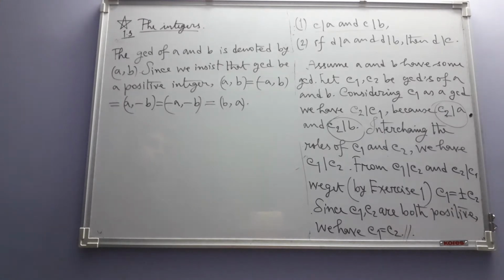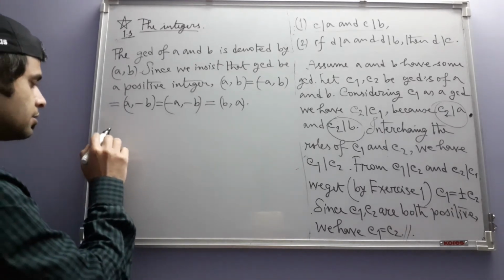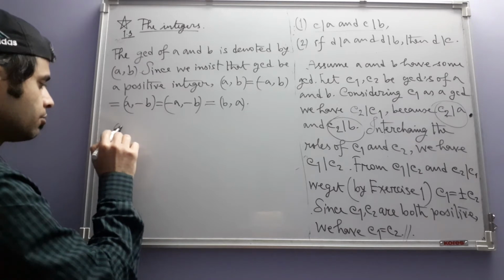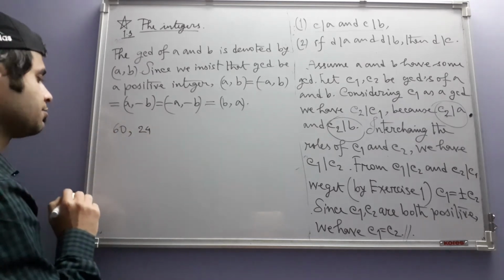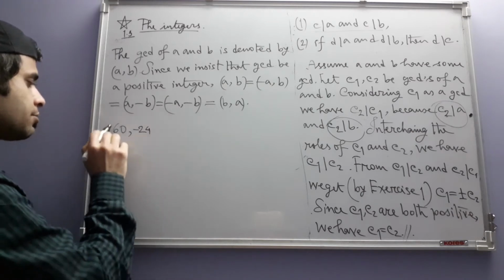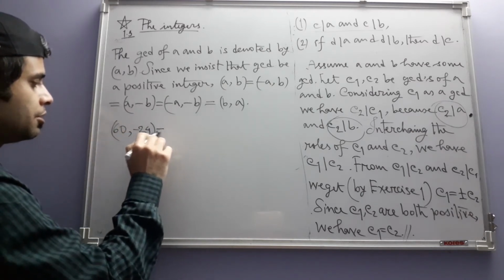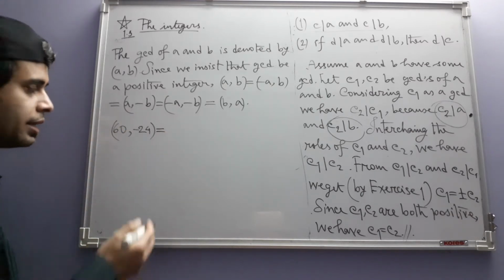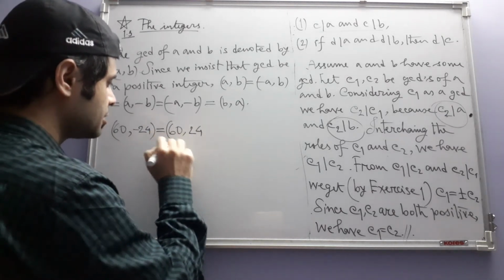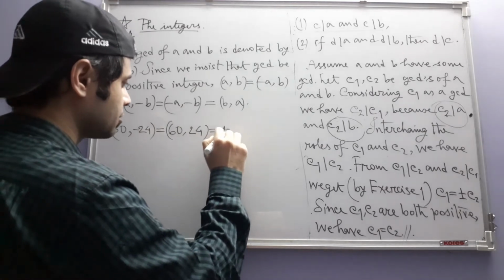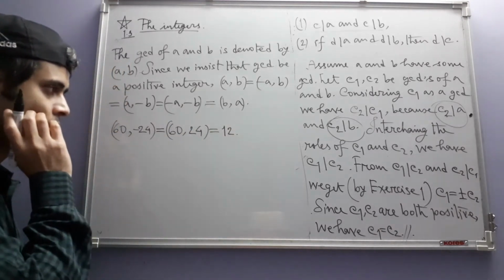So with these considerations, let us now look at this GCD of say 60 and minus 24. Since we need not look at negative integers, so this is GCD of 60 and 24, which turns out to be equal to 12.